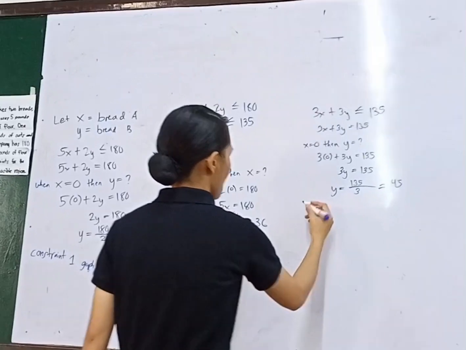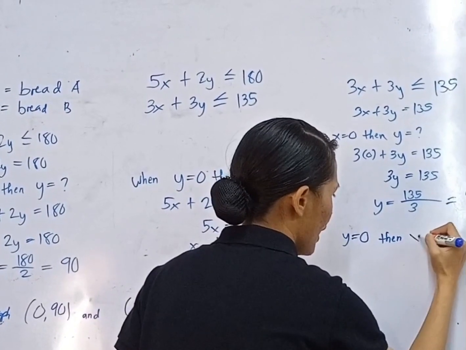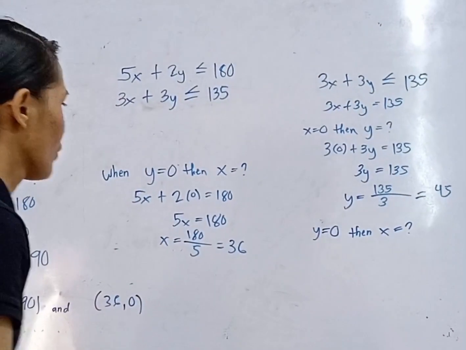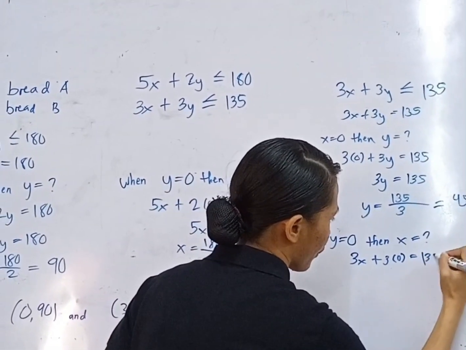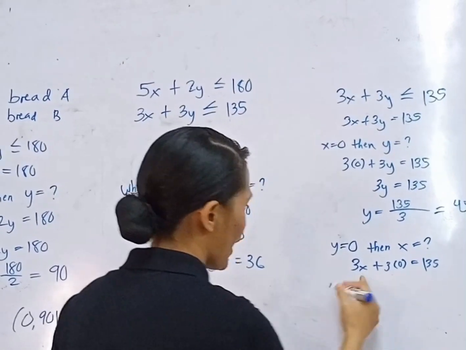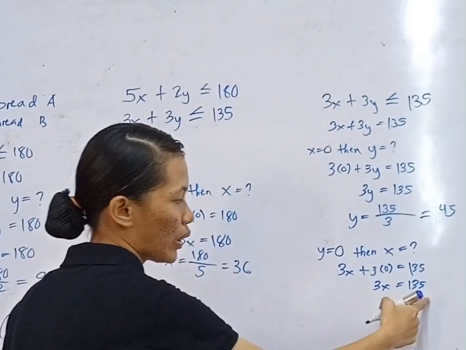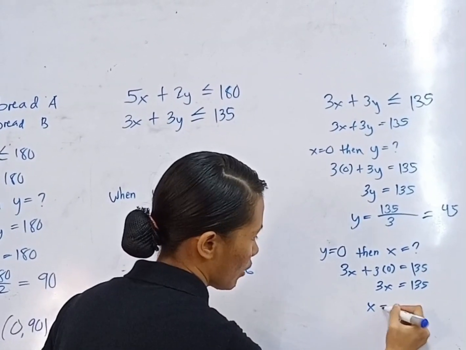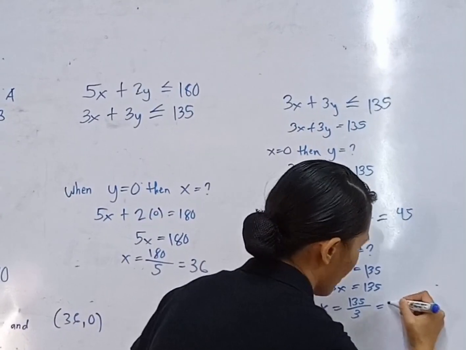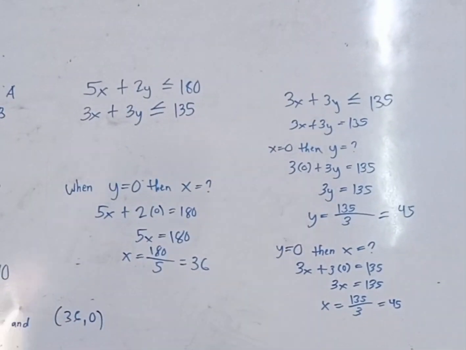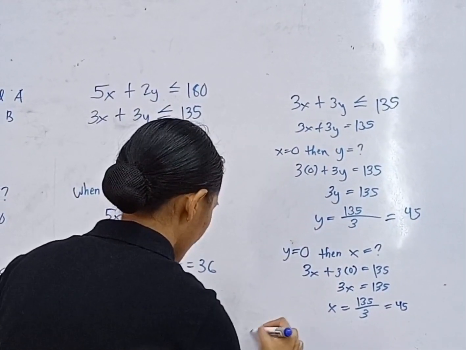And next, when y is equal to 0, then 3x plus 3 times 0 equals 135. Then 3x equals 135. And then we divide. x equals 135 divided by 3, which is 45.